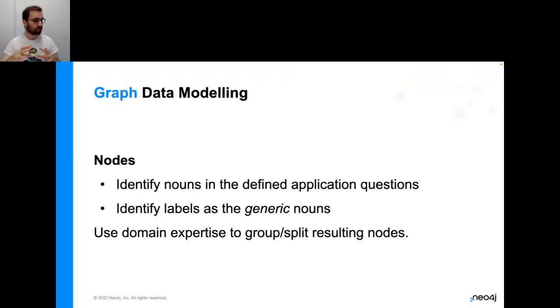That means you will have some group of nodes that belong together, and that group name would be a good candidate for a label. Then, of course, you can refine that model once you've started with it, based on your business knowledge, and once you know more about how it fits or not with the queries you want to write.